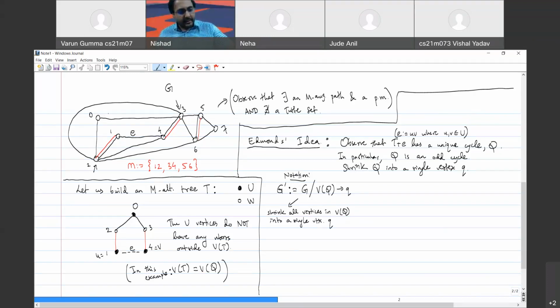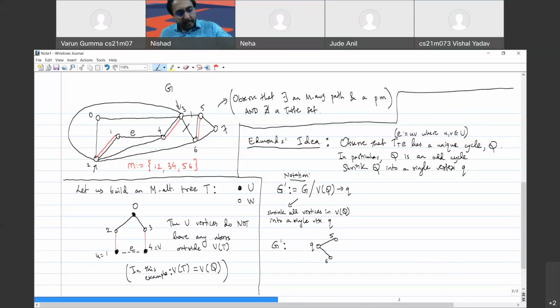So we are shrinking 0, 1, 2, 3, 4, all these vertices into a single vertex. So in our case, we will get a single vertex, little q, and this little q will be joined to 6 and to 5 because of these edges. Notice that 3 joins to 6, 3 joins to 5, and 3 is in Q. So now that edge will go to the shrunken vertex.